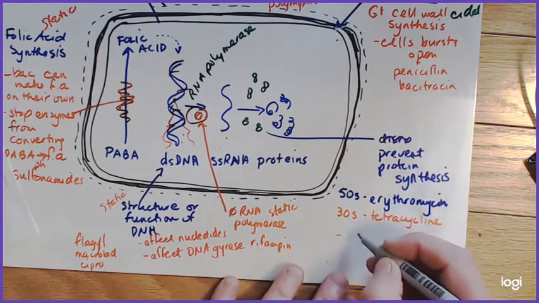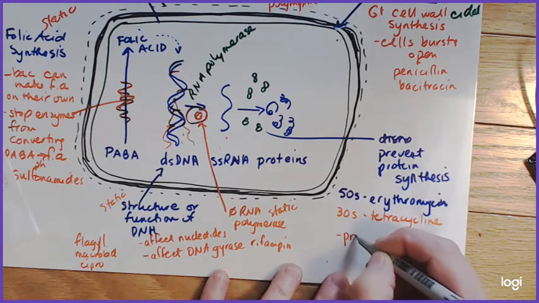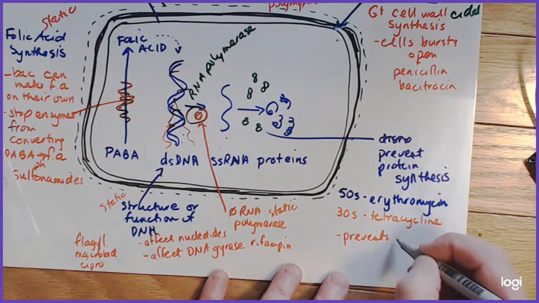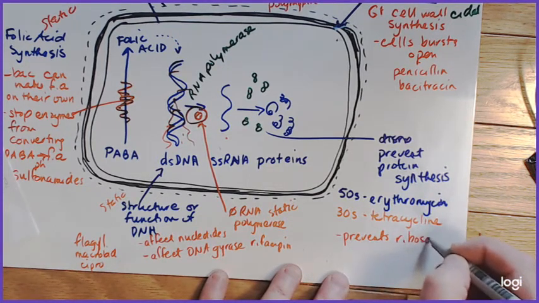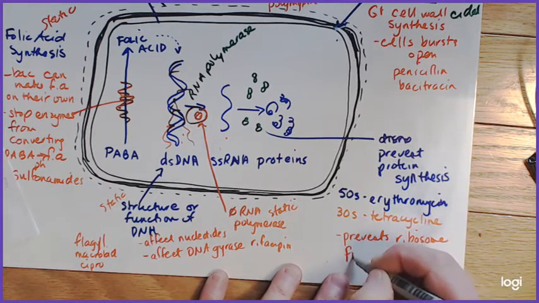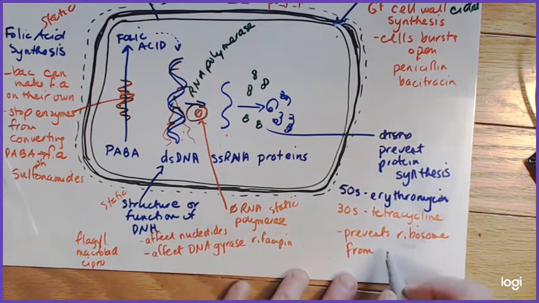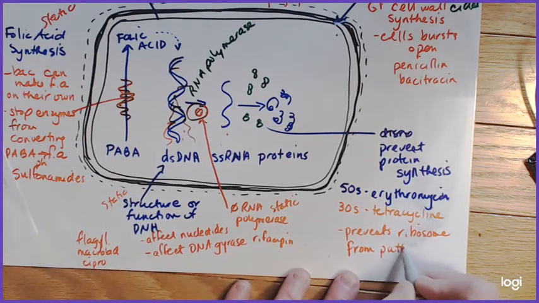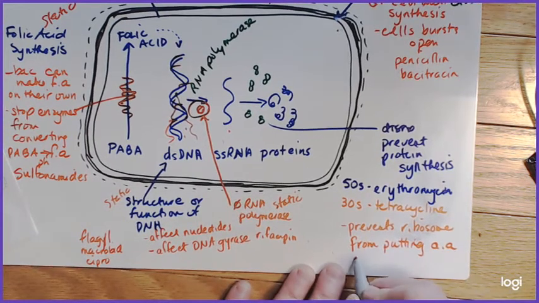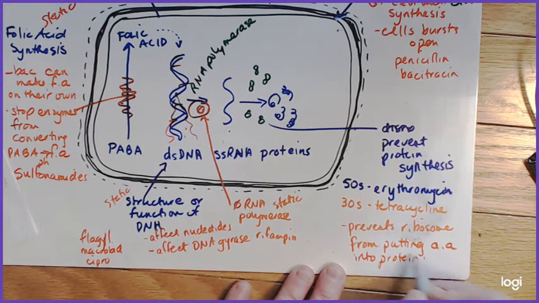Basically what it does is it prevents ribosomes from putting amino acids, I'm just going to write AA, together into protein chains. So it prevents those protein chains from forming.